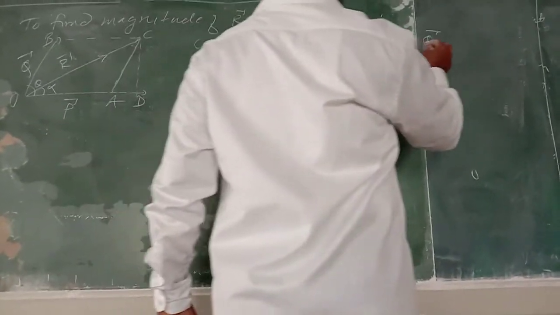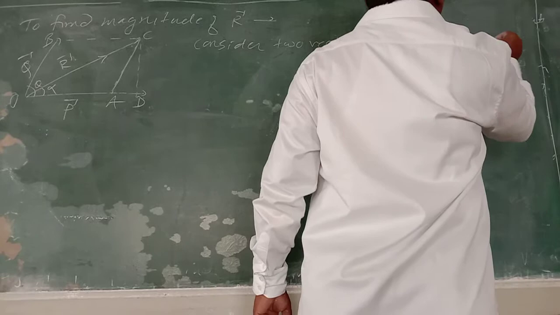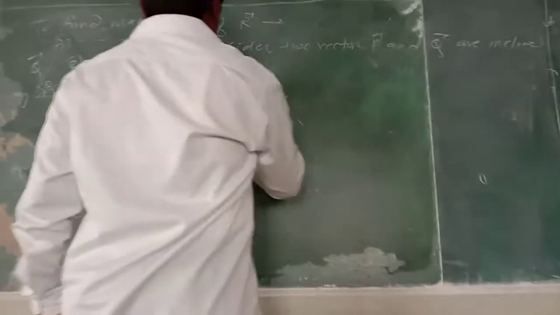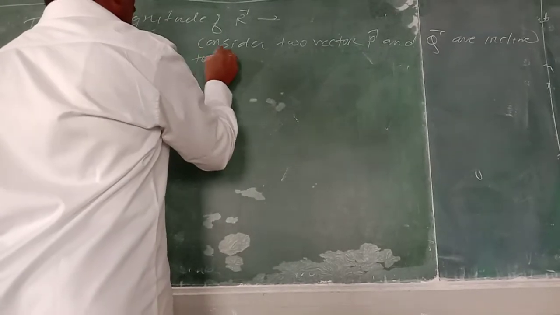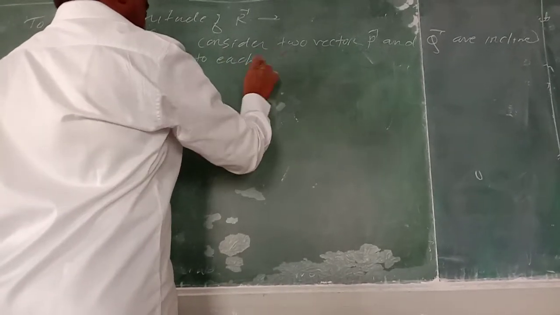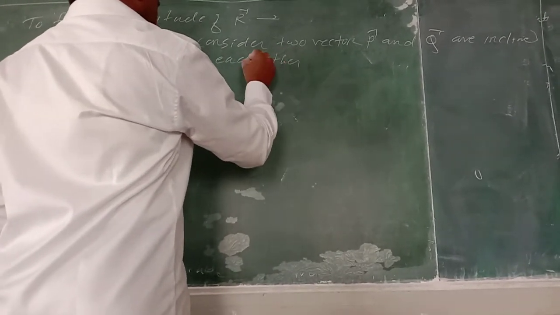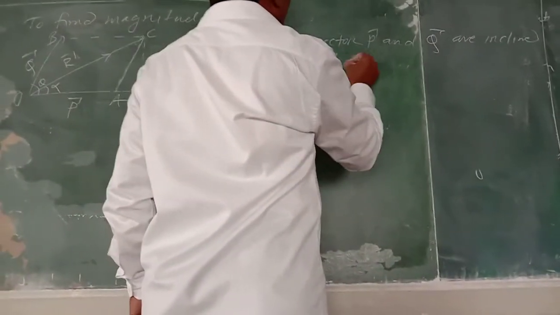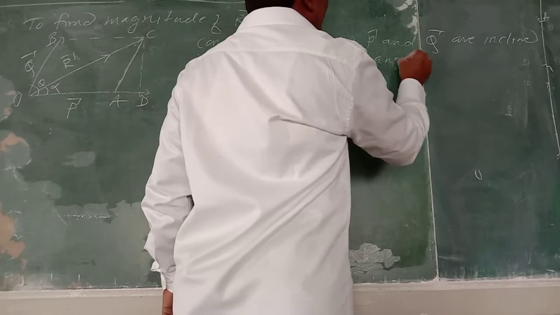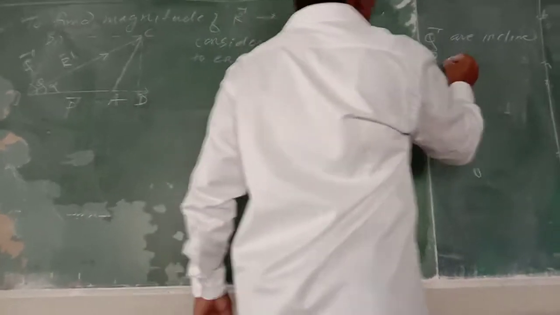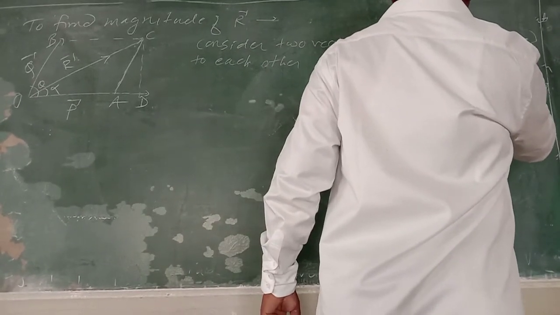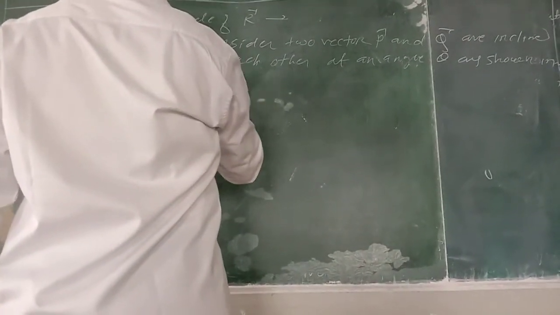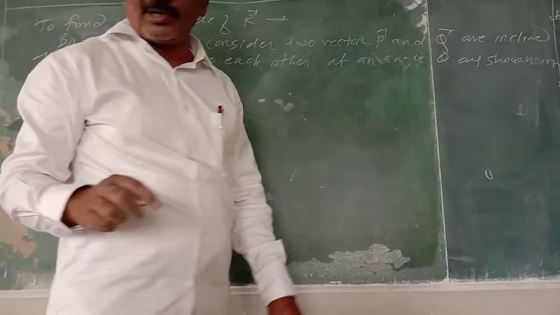Consider two vectors P and Q are inclined to each other at an angle theta, as shown in the figure. Okay.